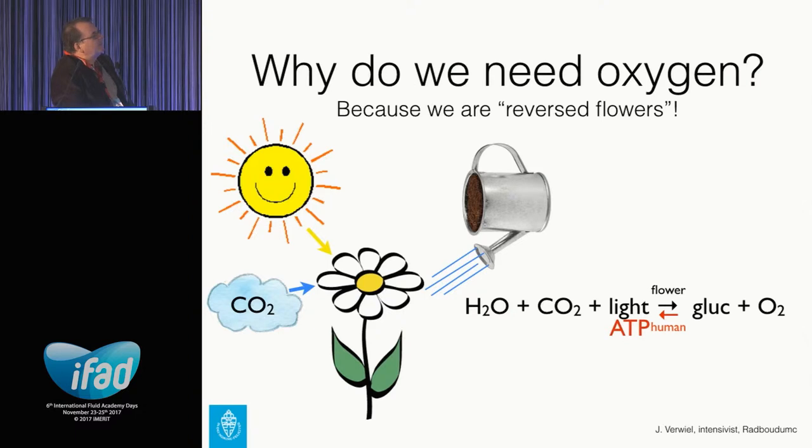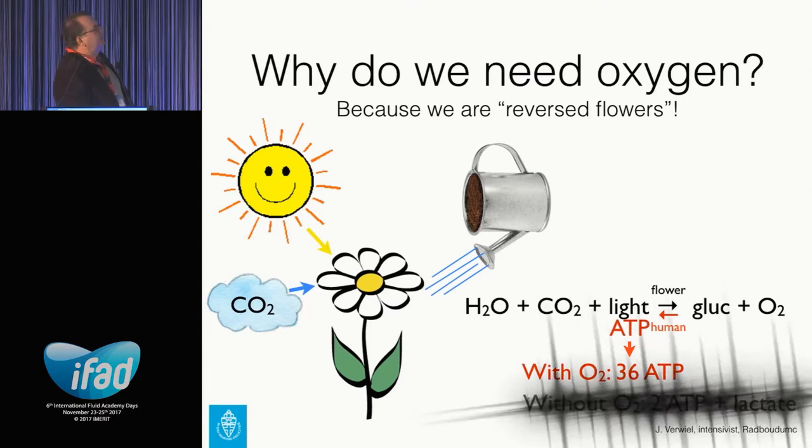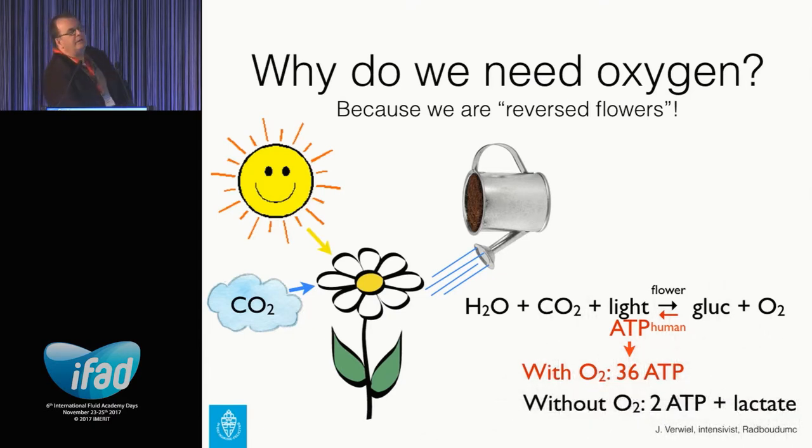This energy is called ATP, and it's important for you to know that when we use oxygen, and that's the most important thing to know about oxygen, we get 36 ATP molecules for every mole of glucose. But without oxygen, it's only 2 ATPs, and we have a little present.